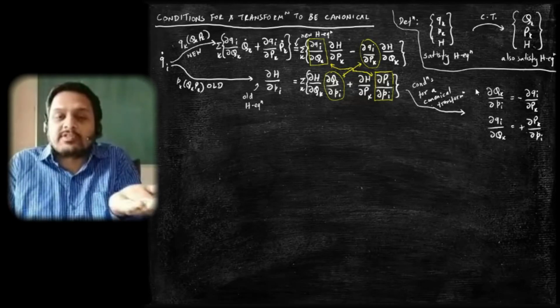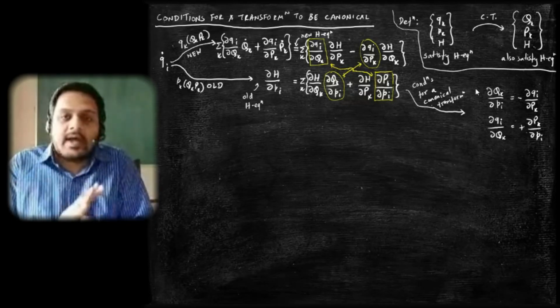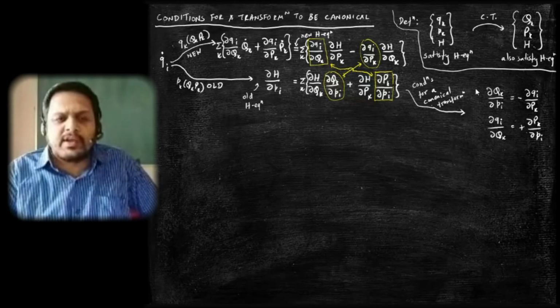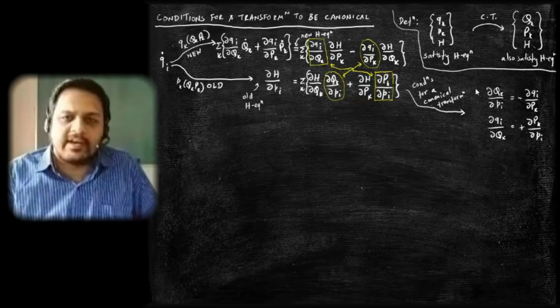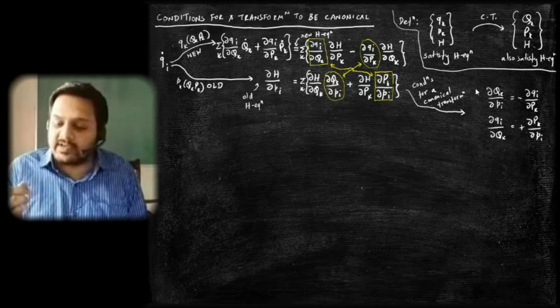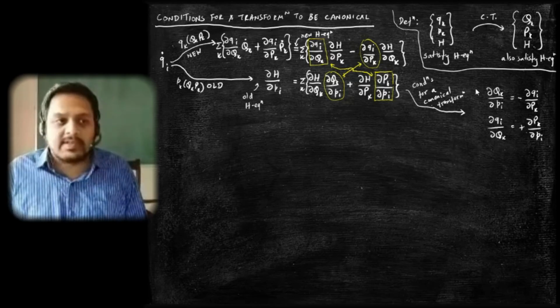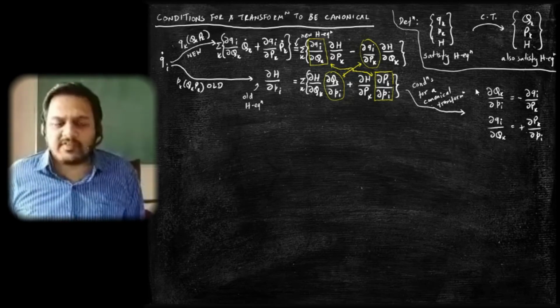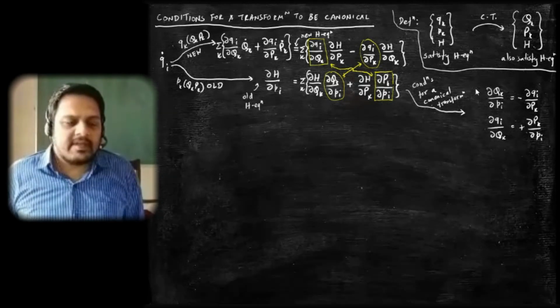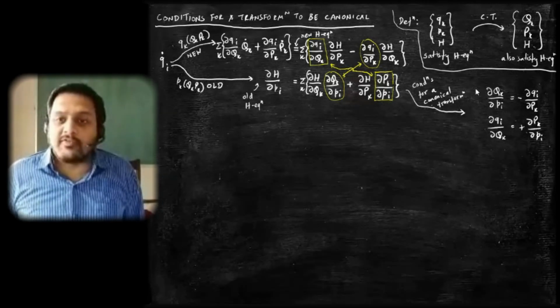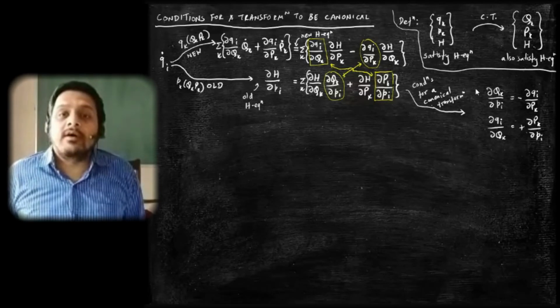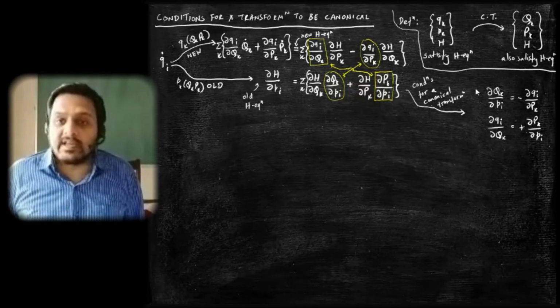Then he asks you the question, is this allowed? And it may not always be possible for you to sit and figure out what will be the generating function which takes you from here to here. In the simple harmonic oscillator problem which we saw in the example last time, we were able to figure out, fortunately, what is the generating function.